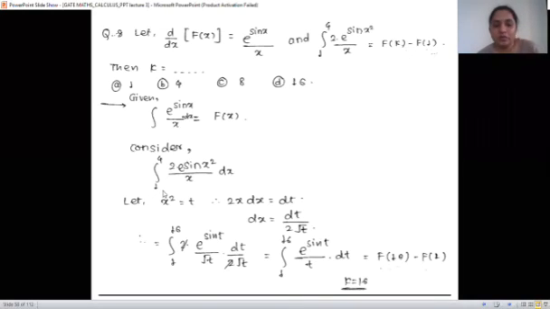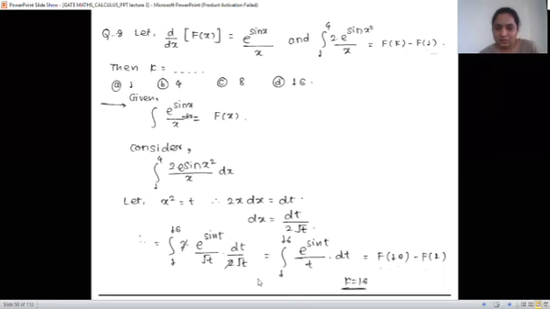So we are converting everything into t. So integration becomes 1 to 16, 2 as it is, e raised to sine t, x square is t, upon x, x is root t, and into dx, dx is dt by 2 root t. 2 gets cancelled, root t into root t is t, e raised to sine t upon t into dt.